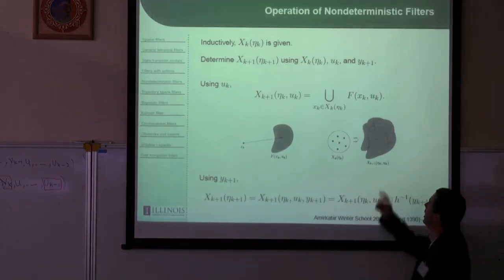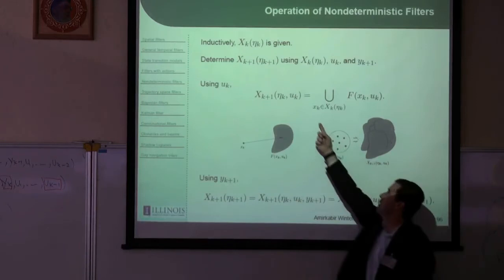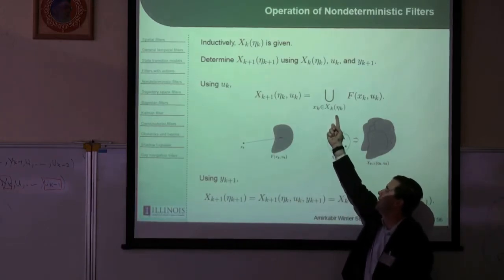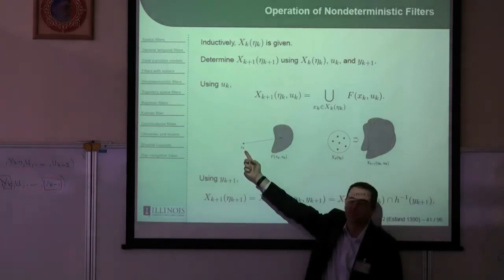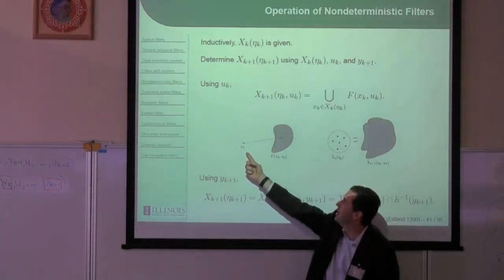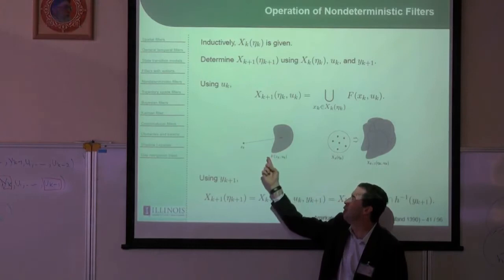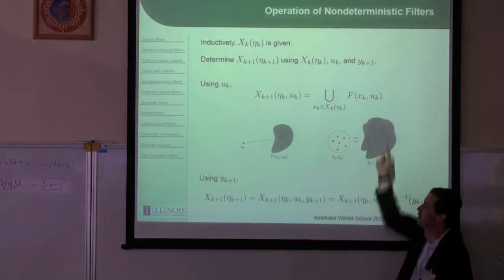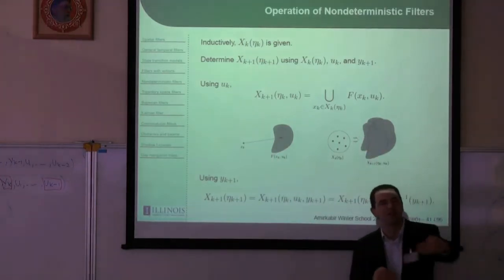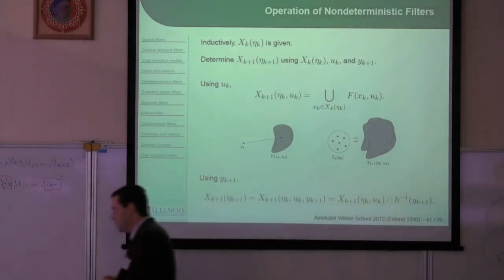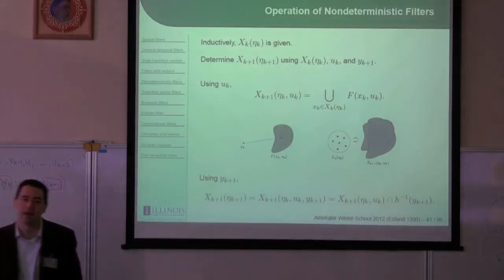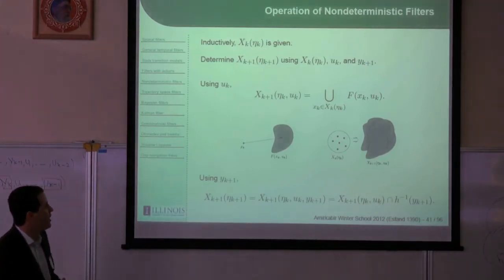I just look at every point here, every little xk in this set. Sorry, it's hard to see. I have a little xk, and I look at the one-stage forward projection. By capital F there, I mean the one-stage forward projection. That's the set of states you get to when action uk gets applied and you start in state xk.